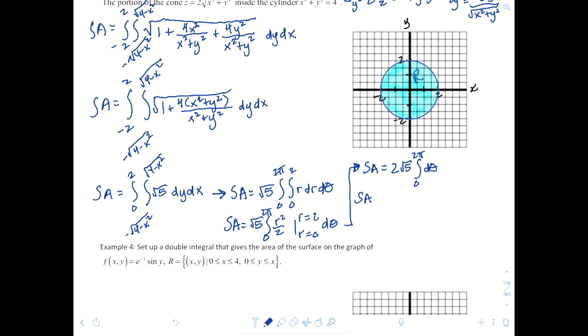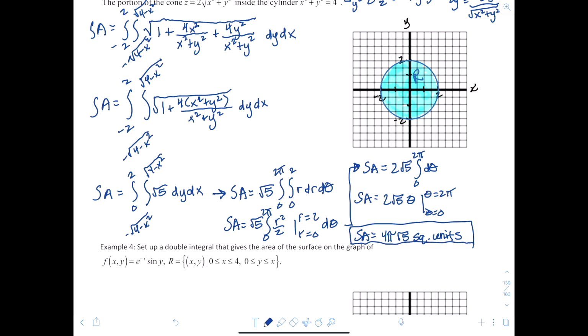So we will get 2 root 5 theta, from theta is 0 to theta is 2 pi. And we will have 4 pi root 5. Does that look okay? 4 pi root 5 square units. Awesome.